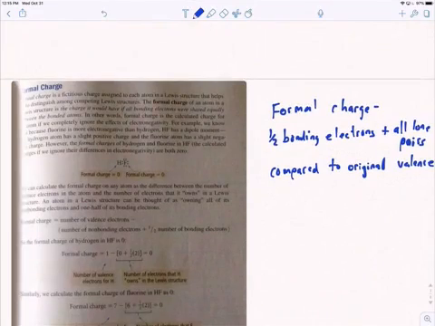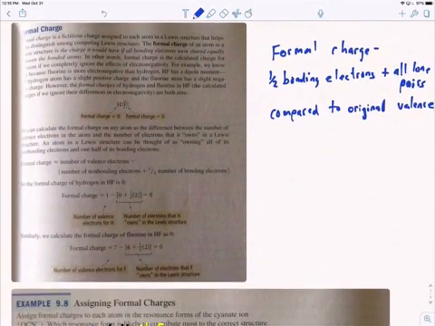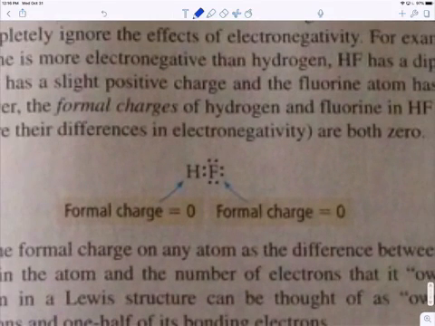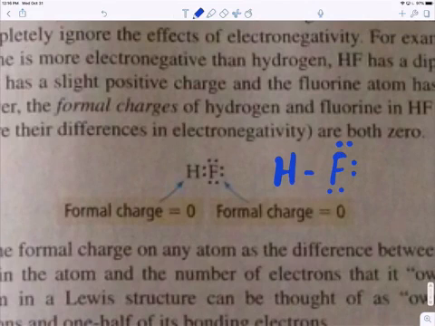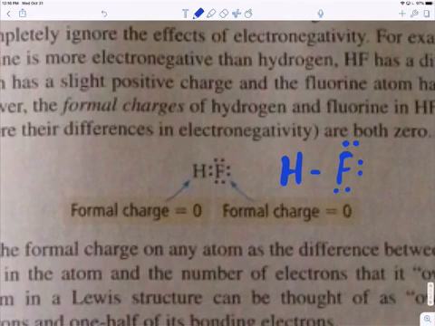Okay. And to give you an example here, hydrofluoric acid. Of course a single bond is 2 electrons, so 1 electron goes to hydrogen, 1 electron goes to fluorine. So hydrogen would have 1 electron.